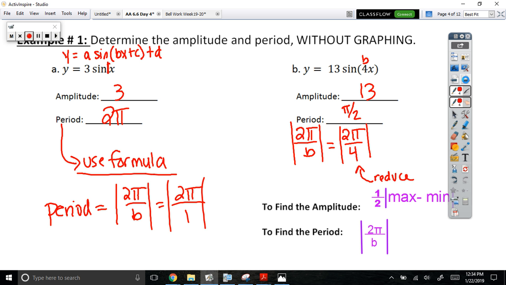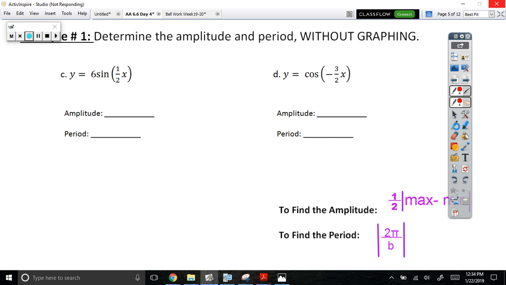All right, the next few get a little bit harder because of fractions. Obviously amplitude's not hard, that's 6. But for our period, we're going to do 2 pi divided by b, which is 1/2. What will I get when I take 2 pi and divide it by 1/2? Jenna? 4 pi.